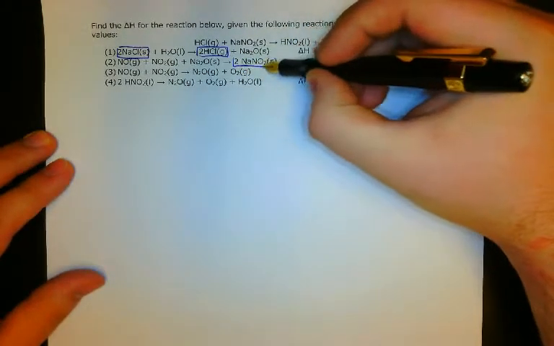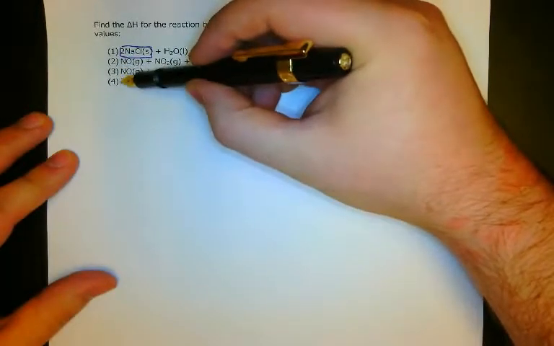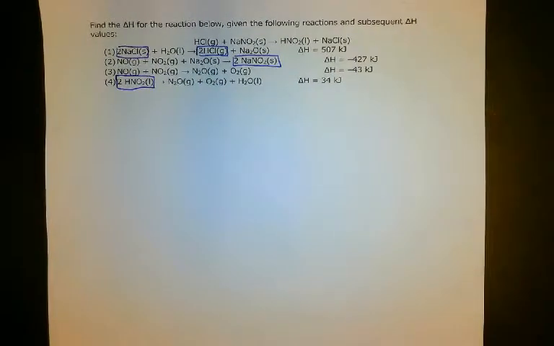The NaNO2. Equation 3 doesn't have anything I need for my final answer, but it will be important because it's probably going to be an equation that removes a lot of those intermediate compounds we don't need. And equation 4 shows me HNO2, which is what I need for my final equation. I always locate what I need, because that's going to tell me if I need to flip. It's also going to tell me if I need to multiply or divide.